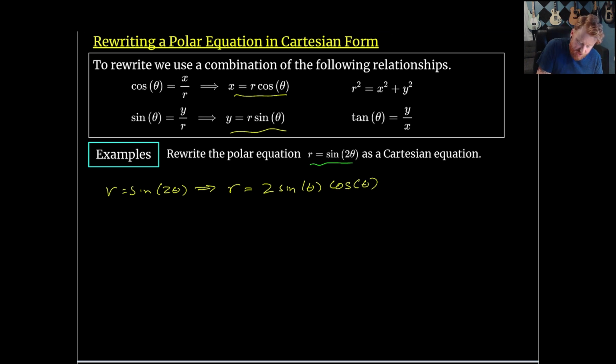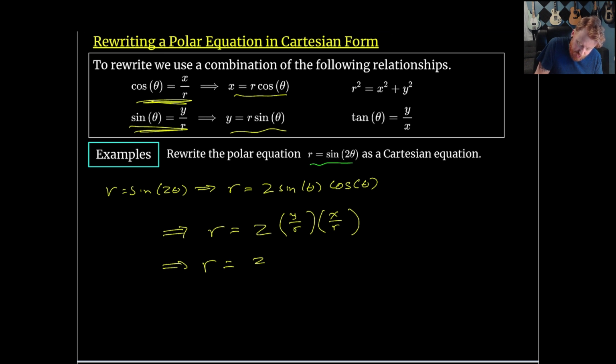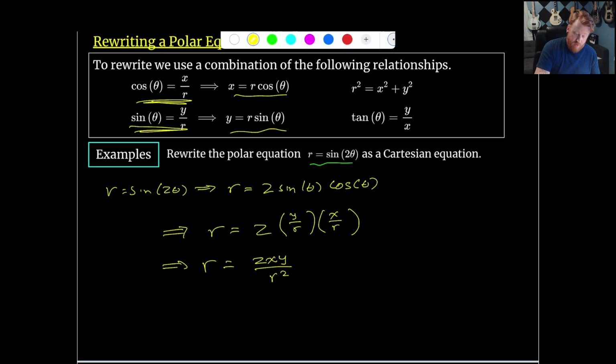Now I can use my relationships for cosine theta and sine theta. So r equals 2 times sine theta, which is y over r, times cosine theta, which is x over r. So r is equal to 2xy over r squared.